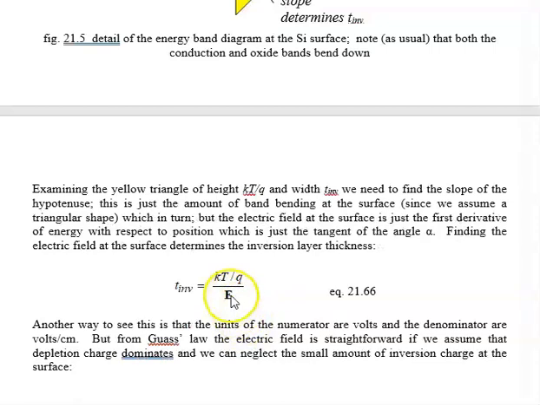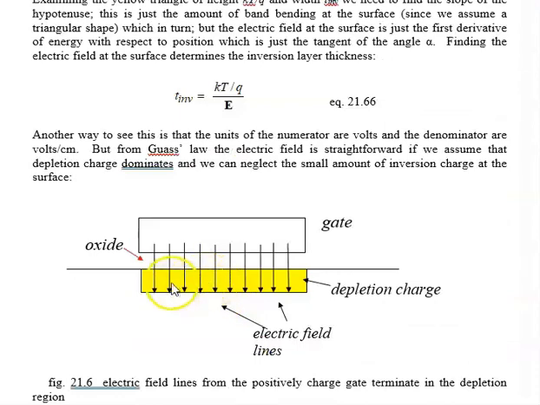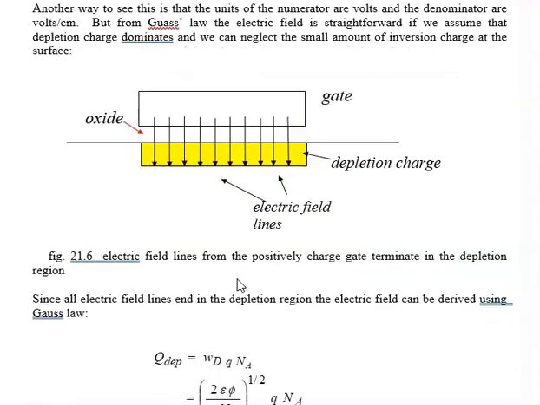And we do that by using Gauss's law and making the following assumption, that in subthreshold, in weak inversion, the vast majority of charge is depletion charge. So we have positive charge on the gate, negative charge in the depletion region, and all of the electric lines end in the depletion region, fixed ion charges.